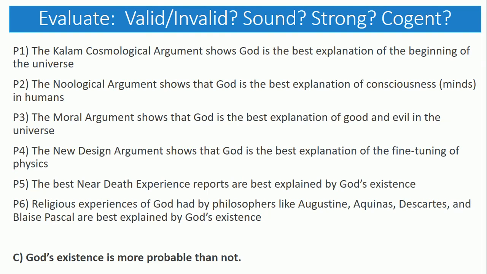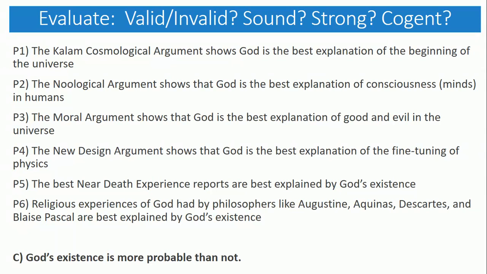What about this argument? Premise 1. The Kalam cosmological argument shows God is the best explanation of the beginning of the universe. Premise 2. The noological argument, or the argument from mind, shows that God is the best explanation of consciousness, or minds, in humans. Premise 3. The moral argument shows that God is the best explanation of good and evil in the universe. Premise 4.